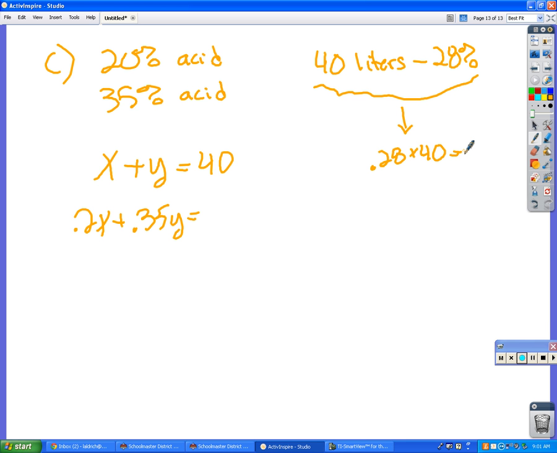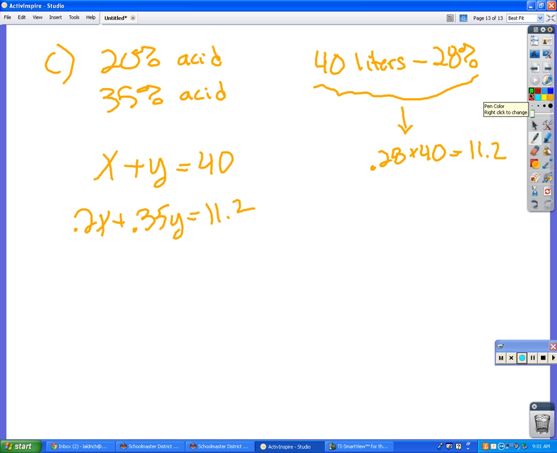How much acid do we want altogether? 11.2. Thank you. So this is the equation that goes with the total solution. x plus y needs to add up to 40, and this second one just deals with the amount of acid: 0.2x plus 0.35y needs to equal 11.2. Okay? How do I solve these?